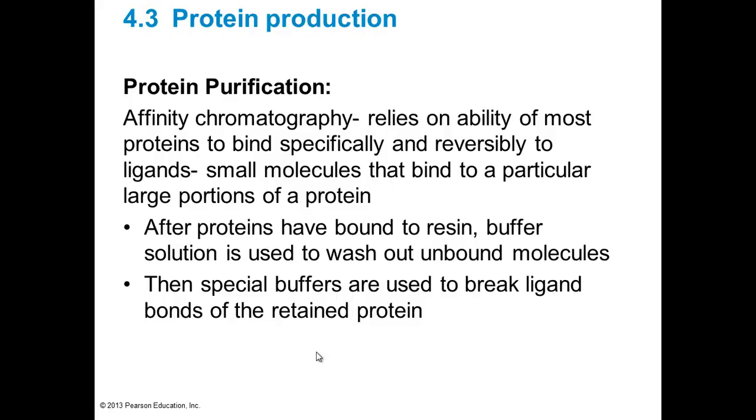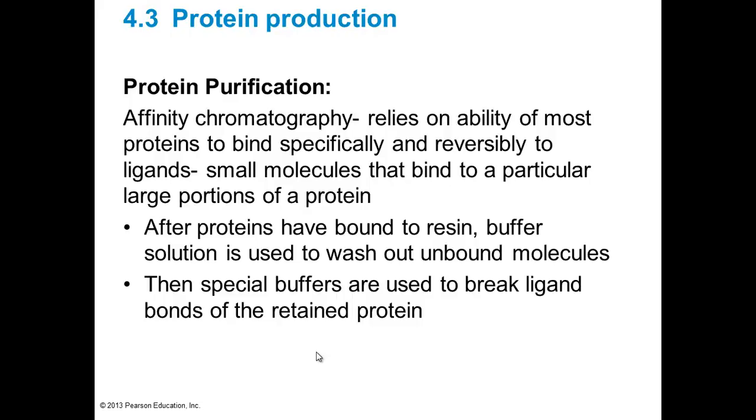The most specific type of chromatography is called affinity chromatography, and most proteins will bind specifically and reversibly to ligands. Ligands are usually small molecules, like substrates, that bind particular large portions of protein.